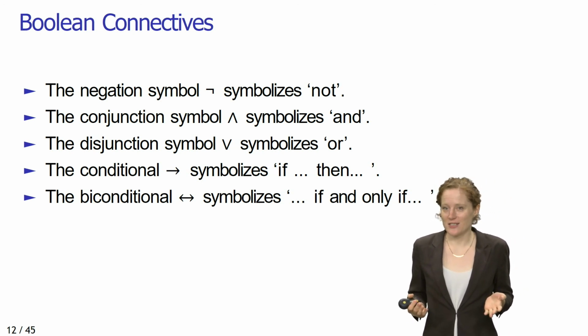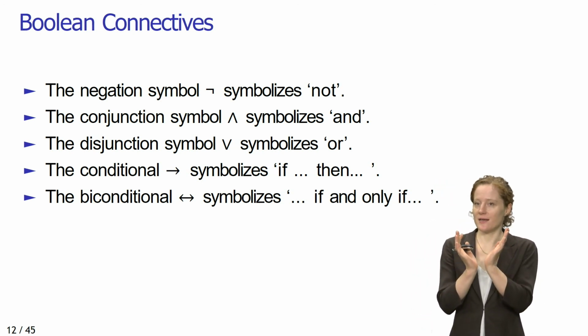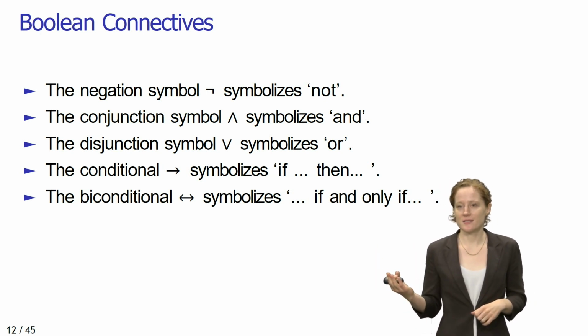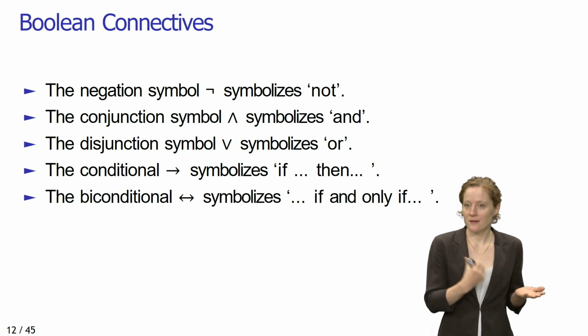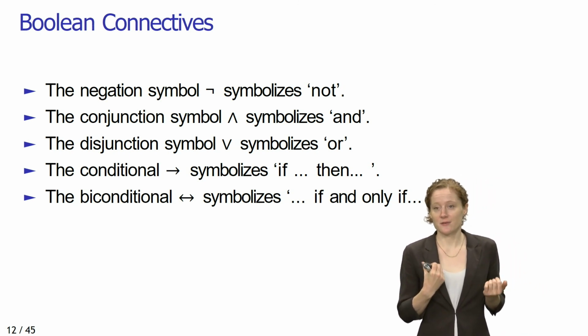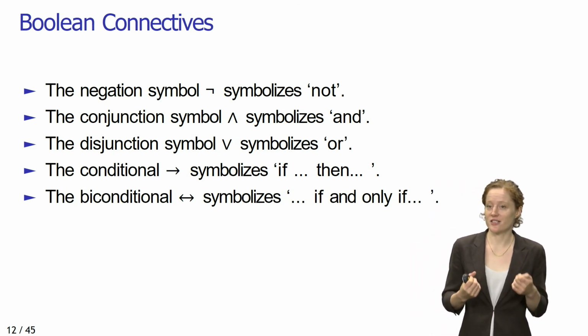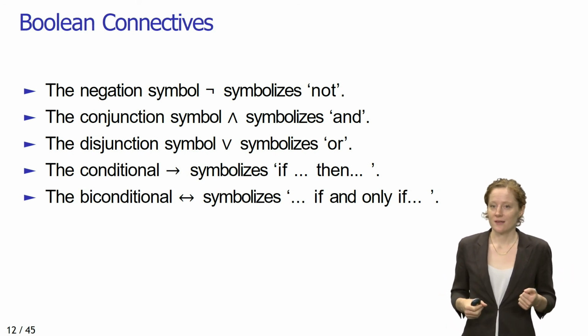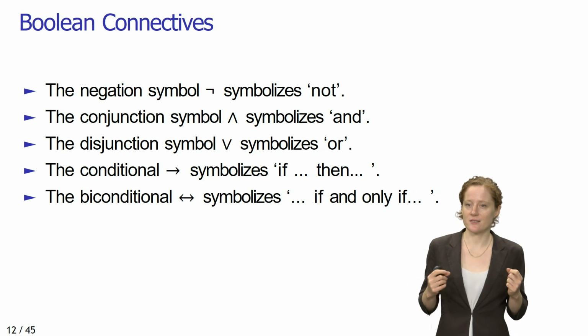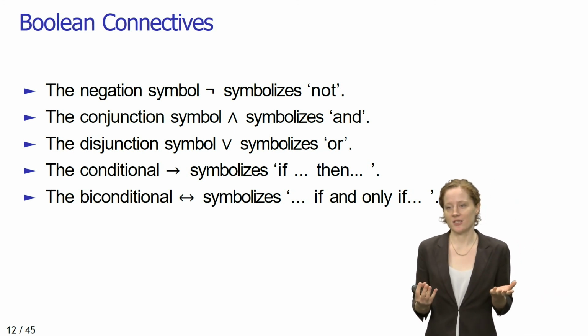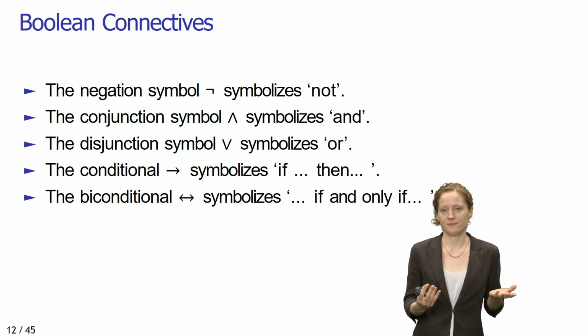The disjunction symbol, which is basically a V sign, symbolizes the English word or. The conditional, rightward pointing arrow, symbolizes the English if then. And the biconditional, which is an arrow pointing in both directions, symbolizes the English if and only if.